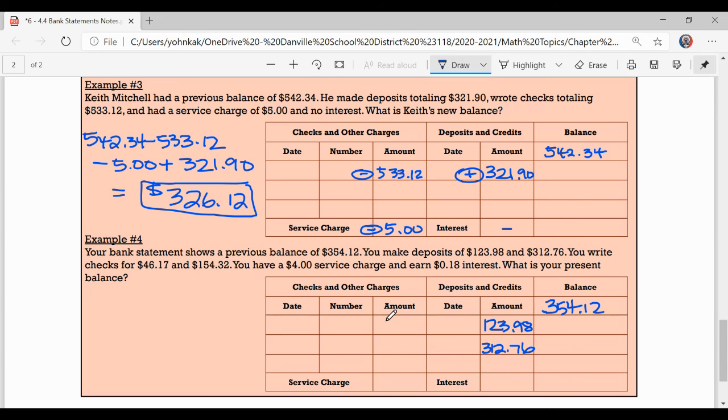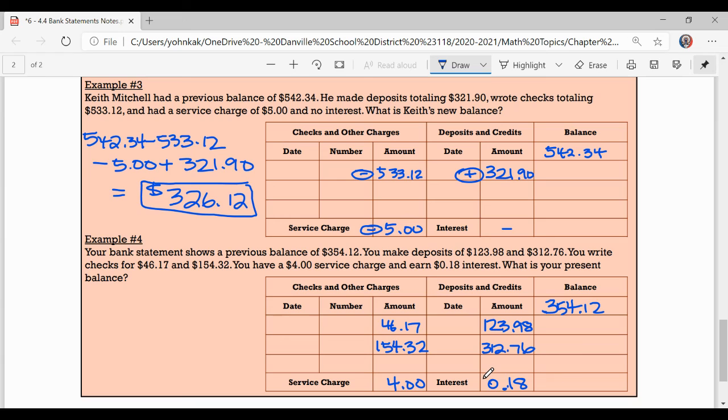You write checks for $46.17 and $154.32. You have a $4 service charge and earn 18 cents in interest. That may seem like a low amount, but that is typical of what different accounts will earn.